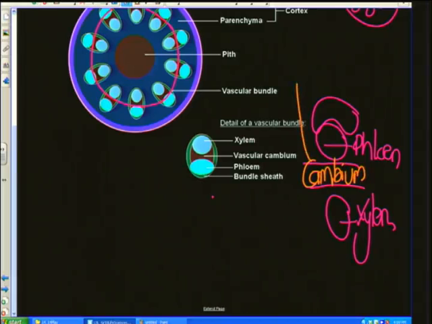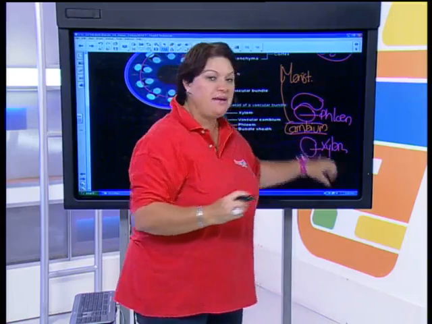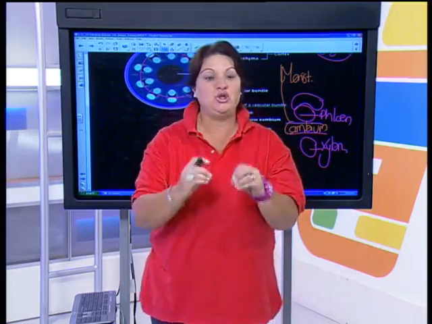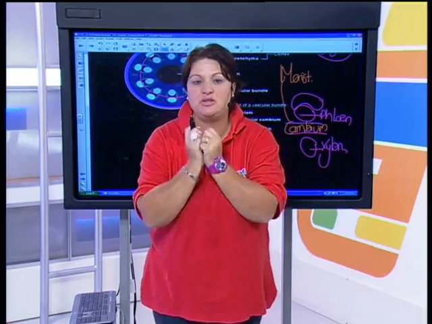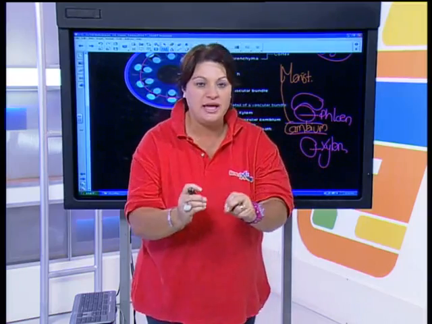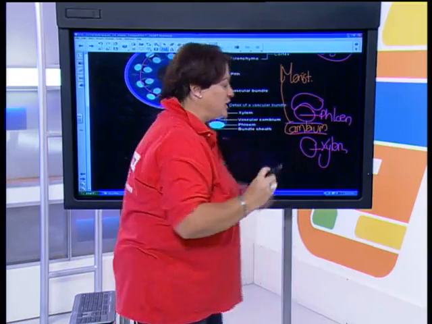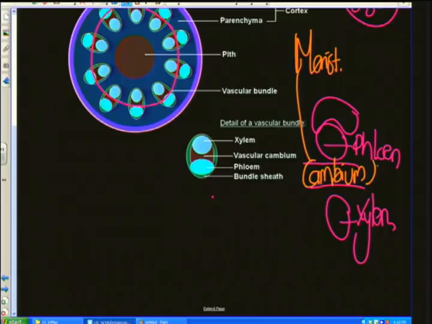Cambium is secondary meristematic. What we're saying, it's meristematic tissue. Cambium has the ability to divide by mitosis and give rise to new cells. Now, it's in between the xylem and it's in between the phloem. So we can then assume that it's going to give rise to new phloem and new xylem.